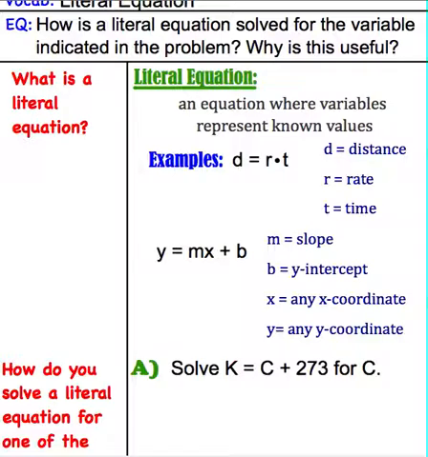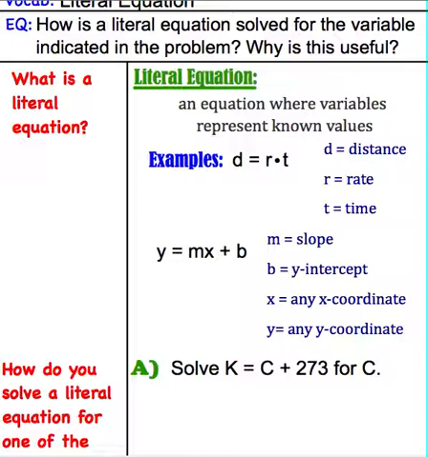Another example that we will see quite often in algebra this year is y equals mx plus b, where m represents your slope. Don't ask why they use m, I have no idea. b represents the y-intercept, same thing there. And x is any x-coordinate that you put in, y is any y-coordinate.